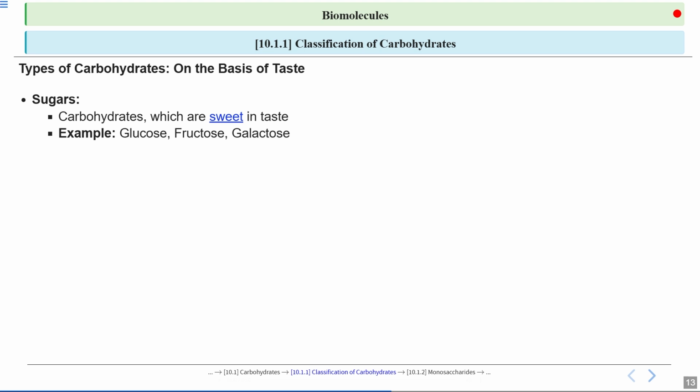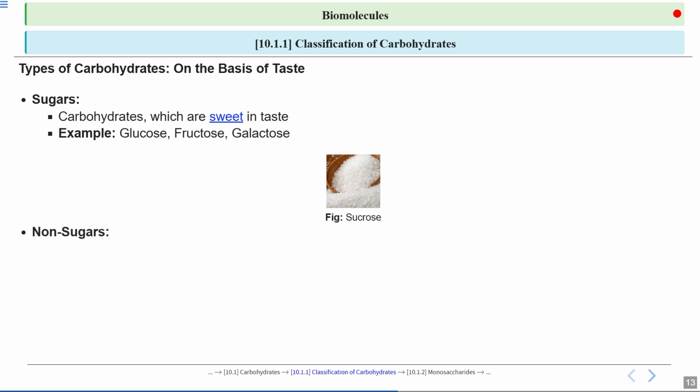Glucose is found in our blood and is the main source of energy for our cells. Fructose is found in fruits and galactose is a part of milk sugar. So they are all simple sugars with a sweet taste. If you see over here, this is an image of sucrose, which is a common table sugar. Sucrose is another example of a sweet carbohydrate.